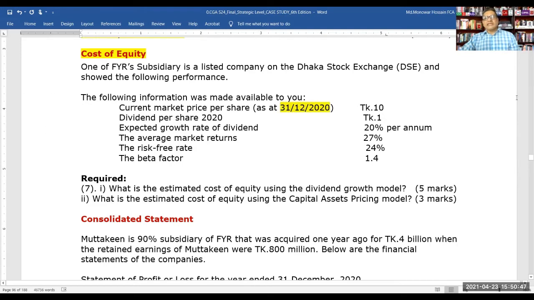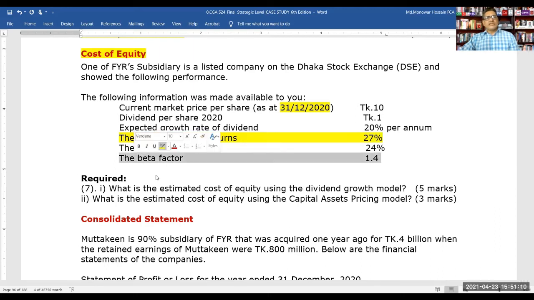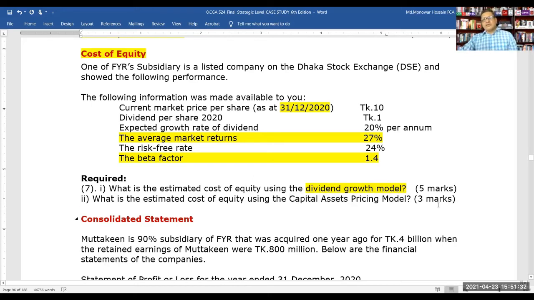Current market price per share Taka 10, dividend per share for the year 2020 Taka 1, expected growth rate of dividend 20% per annum, average market return 27%, risk-free rate of return 24%, beta factor 1.4. The question asks for the estimated cost of equity using the dividend growth model, 5 marks, and the expected cost of equity using the CAPM model, 3 marks.